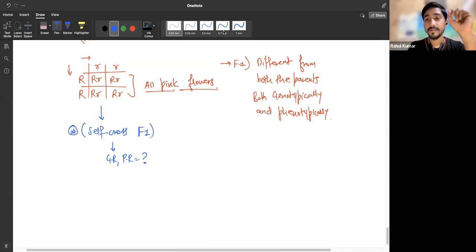Samara, I know that you are solving the cross correctly, but let me give you a hint. You are not paying attention to the incomplete dominance, the blending part. Phenotypes will not be the same for both homozygous and heterozygous this time. Sorry, Samira, please go back and cross-check and tell me the answer again.